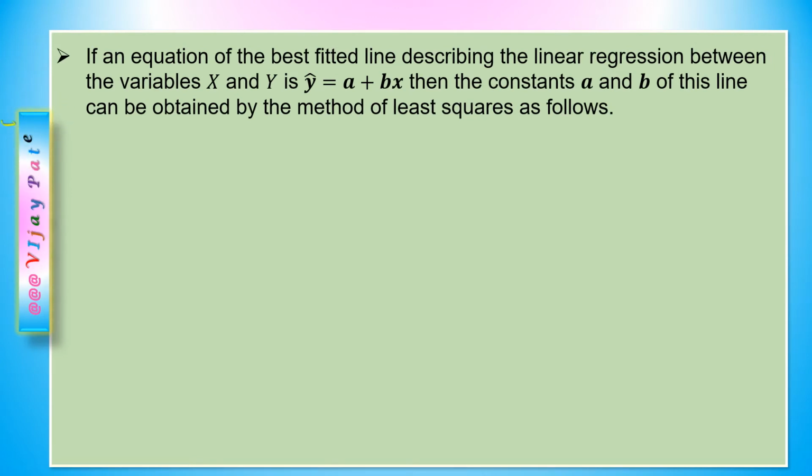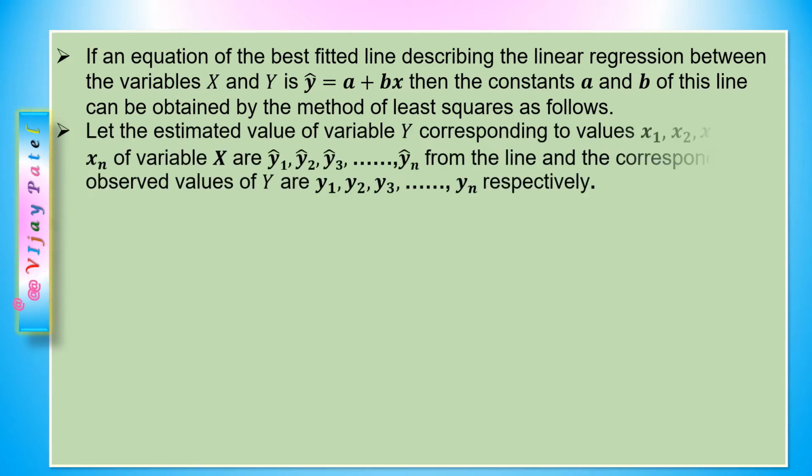If an equation of the best fitted line describing the linear regression between the variables x and y is y cap is equal to a plus bx, then the constants a and b of this line can be obtained by the method of least squares as follows.